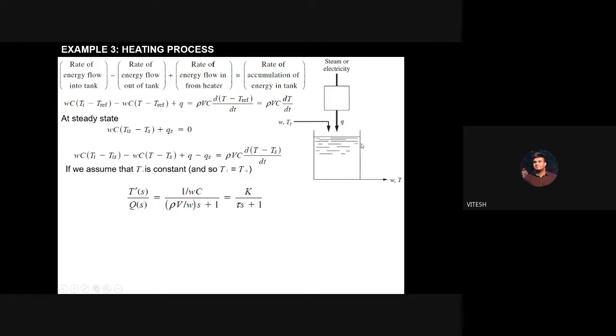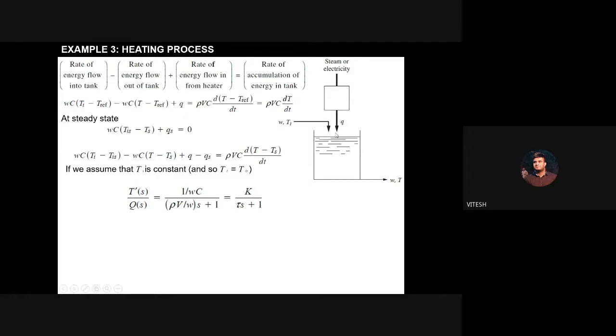The control system is not shown here, but we assume that Q amount of heat enters this tank with the help of either the power system or steam. Most of the industry uses steam in place of electricity. 99% of the process equipment used in industry is operated on steam, not directly on electricity. Electricity is used to produce the steam, and then that steam enters the tank or any process equipment. So in this case, the steam enters this tank with Q amount of heat, right?